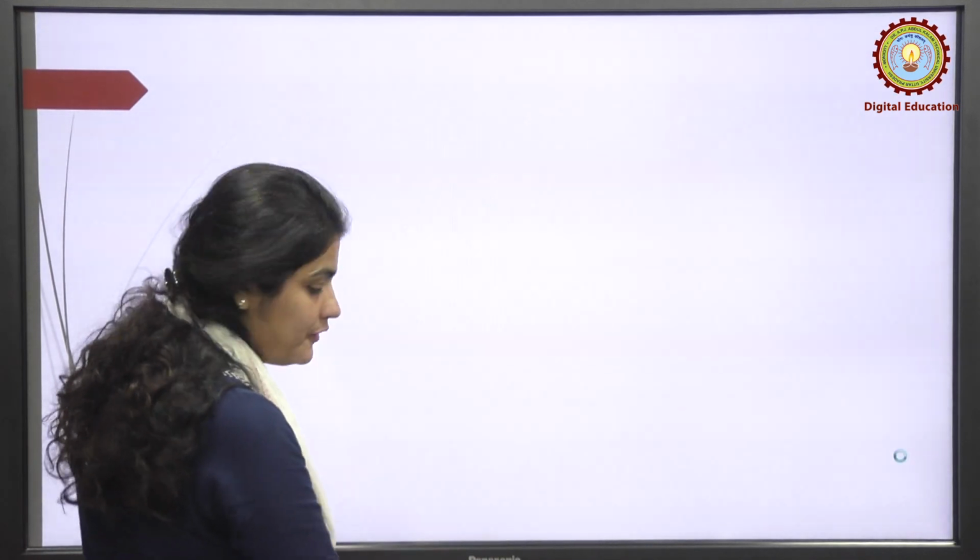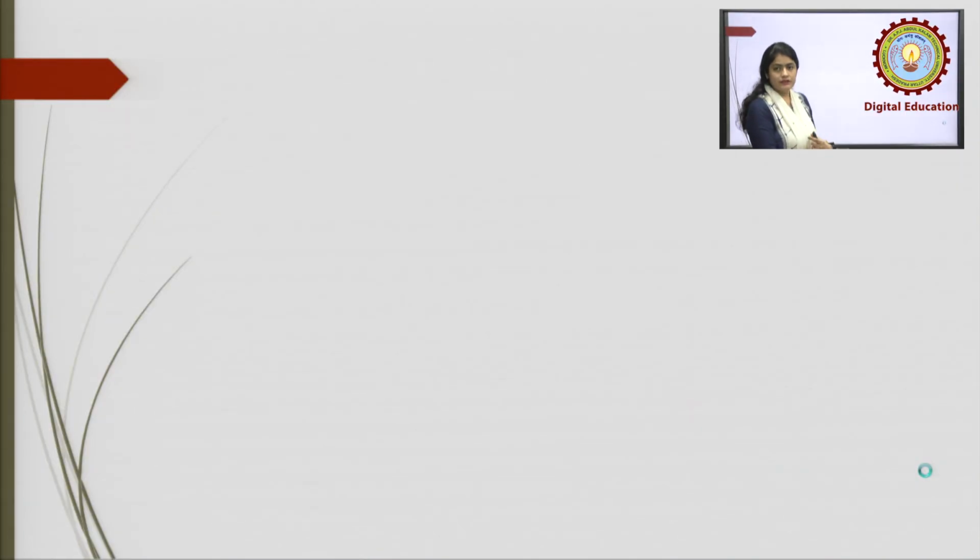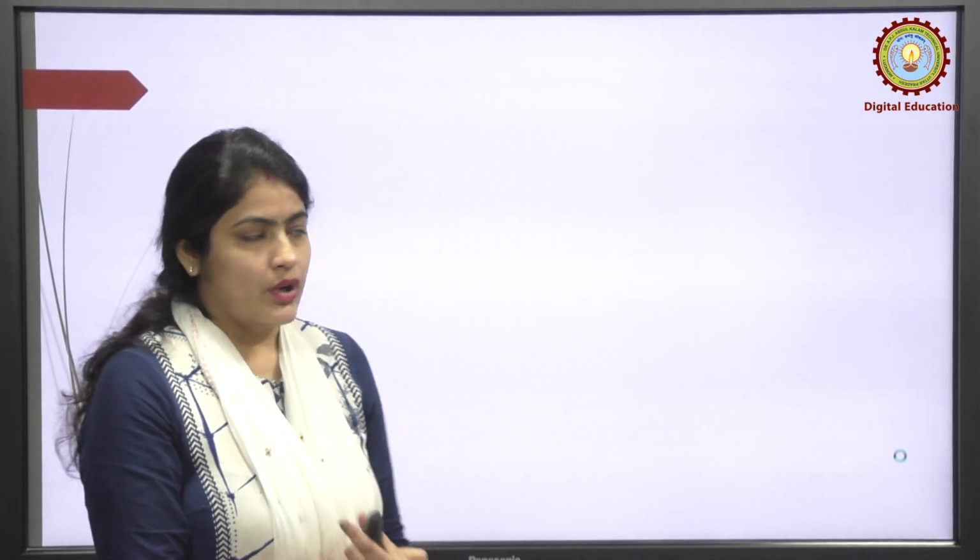So now we see the phasor diagram of the ideal transformer at load condition.